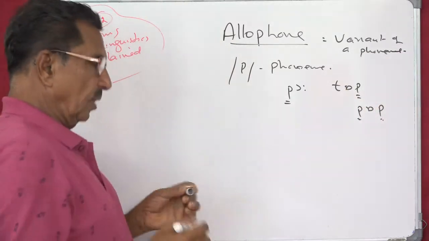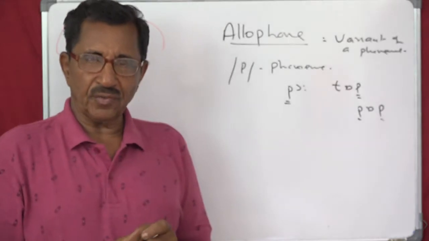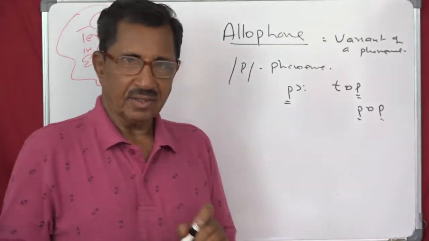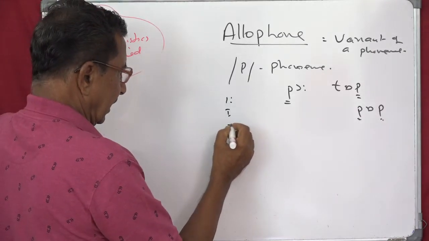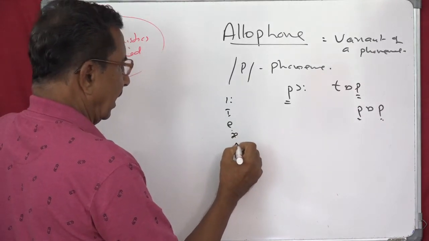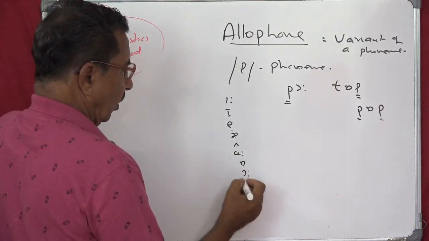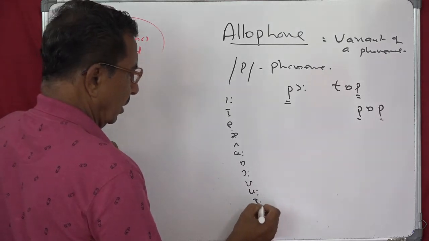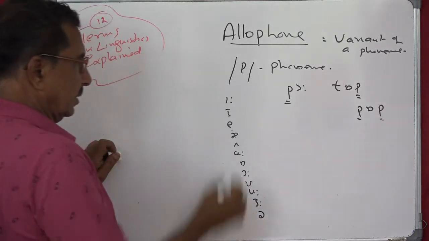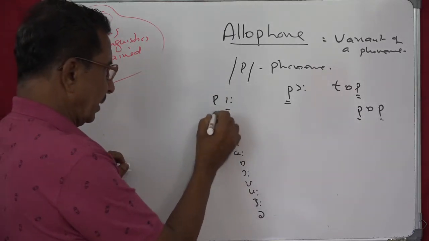See, if you have got 20 vowel sounds in English, 12 pure vowels and 8 diphthongs. Now if you write like this, E, E, E, A, O, and then U, these are vowel sounds. And place the P here.